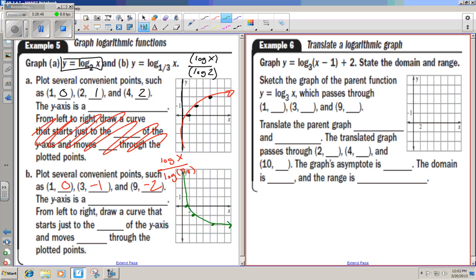All right, here's a translation. Again, do not worry about this part right here. Do not translate the graph. Just come up with the points. Type it into the y equals on the calculator.